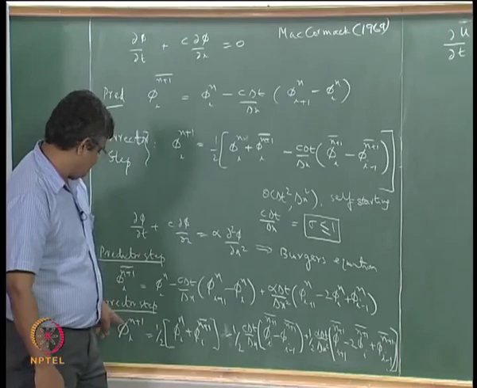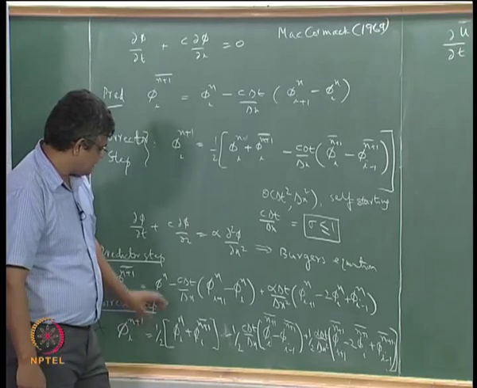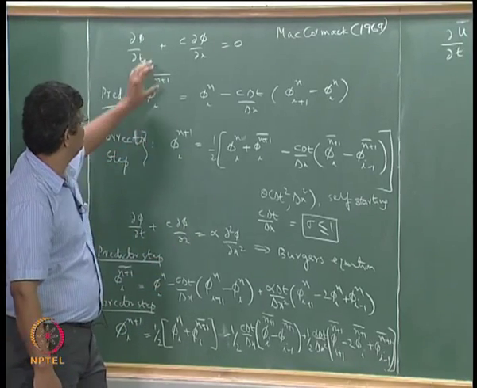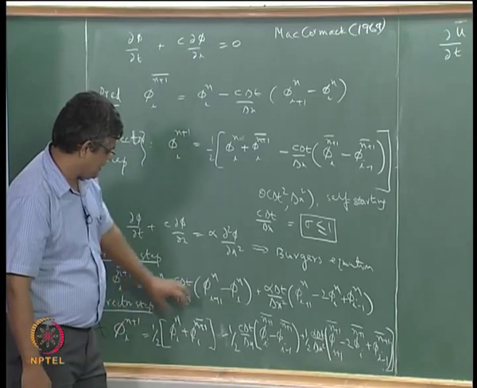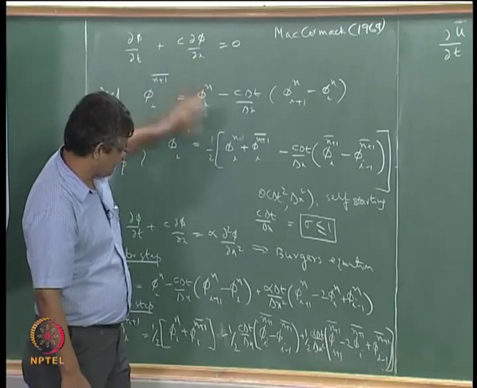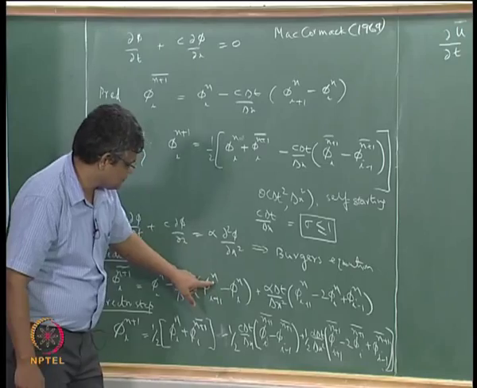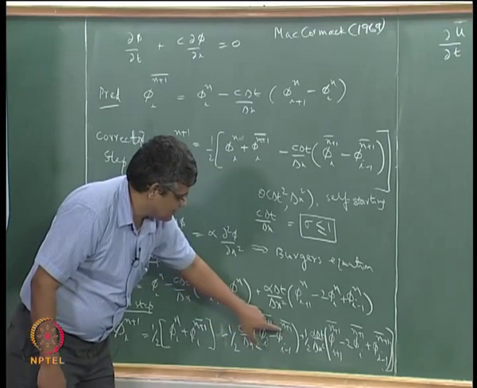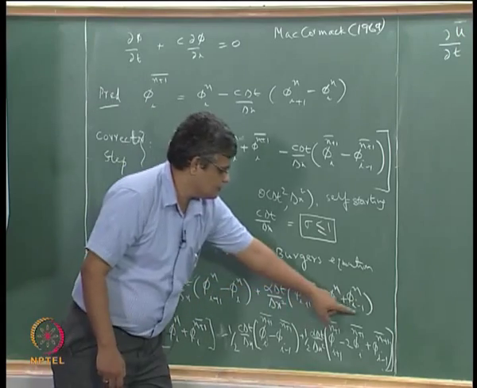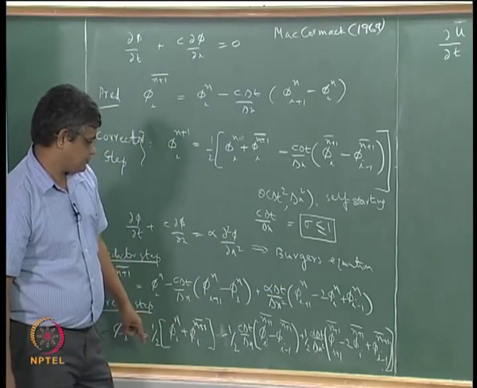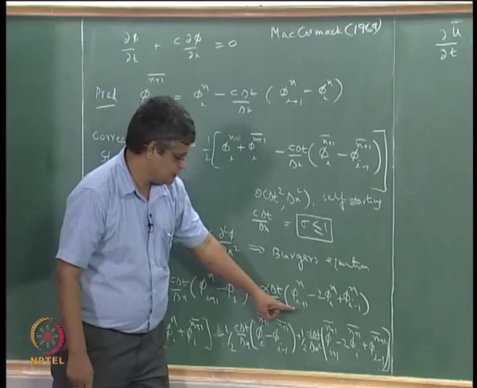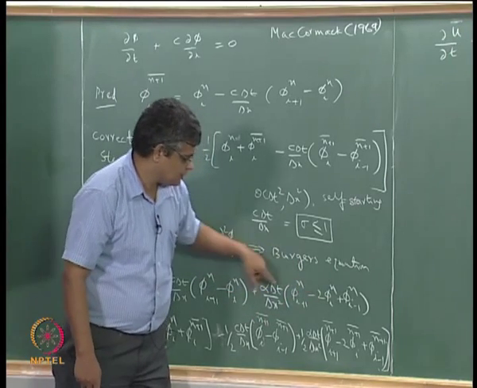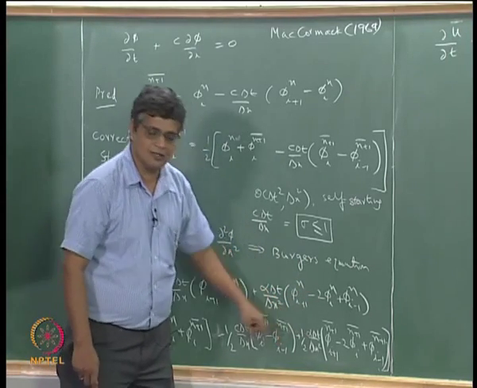So in the overall phi n plus 1, there is some contribution coming from phi I n obviously here, and part of the contribution from the advection term is evaluated in terms of n, and part of the contribution is evaluated in terms of n plus 1. And similarly for the diffusion term, part of this is evaluated here and part of this is evaluated here.